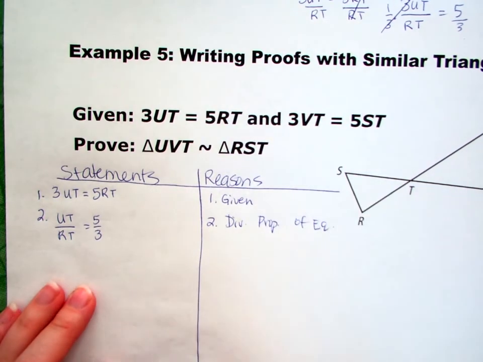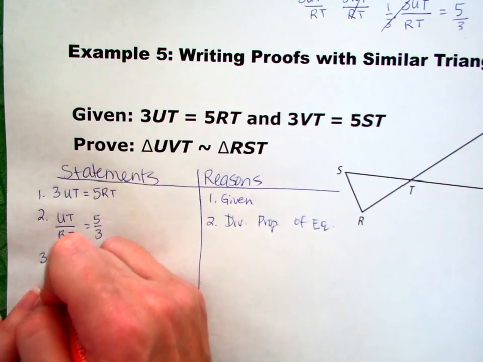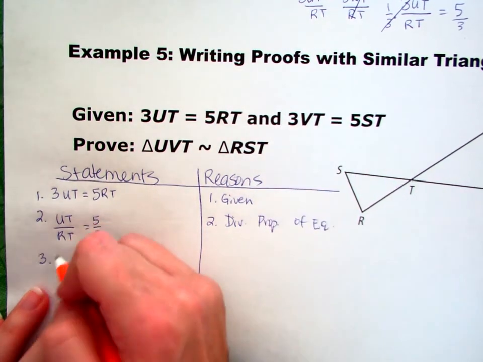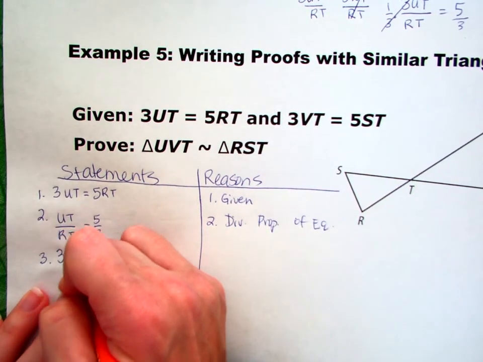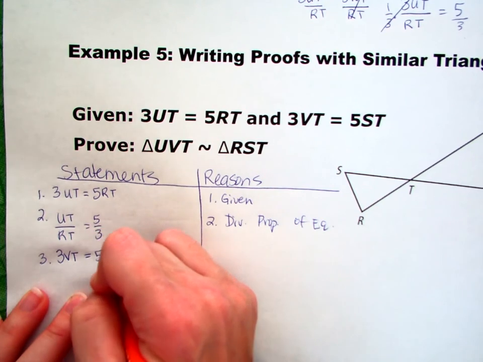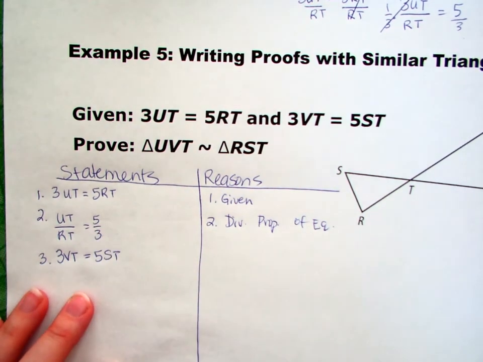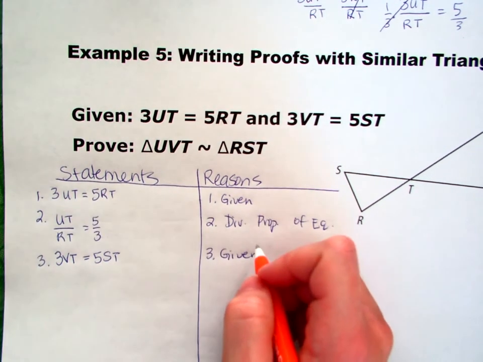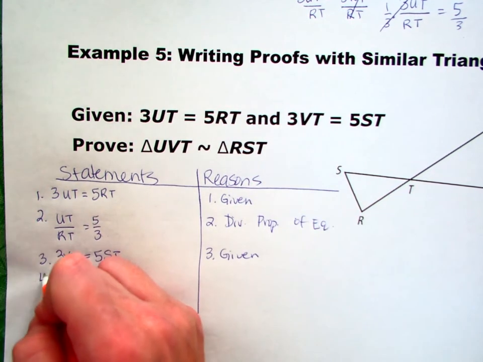Then we're going to look at doing number 3, which is, I've kind of run out of this. I'm hitting a dead end, so I'm going to go back to the next part of the given statement. 3 of the VTs is going to equal 5 of the STs. And so, again, those are going to be corresponding sides, and so that is given to me. And I'm going to do the same process that I did in the previous problem.